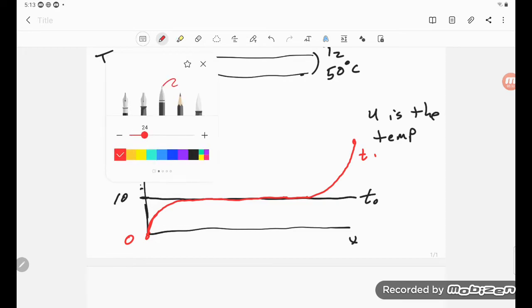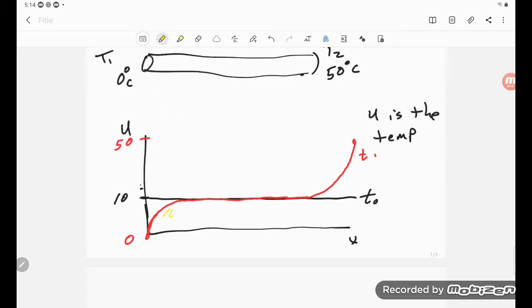Then we'll get a different color here, maybe yellow. And give it a little more time. And, you know, you would expect that a little more of the inside of the rod has been heated up. And we get something like this, and that would be our T2.